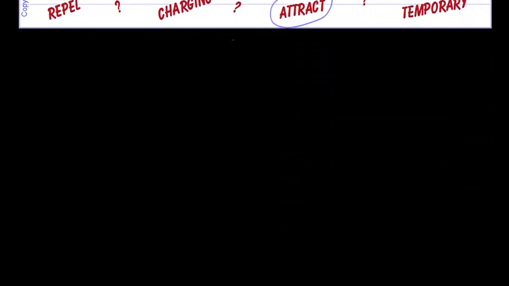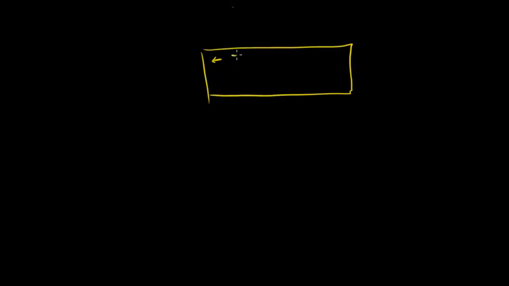Remember that magnetism is caused by, if we take a look at a magnet here, millions and millions of tiny little domains, which are to do with electron spins, all pointing in the same direction. And when that happens, their little effects all add up, creating the overall effect of a magnet.